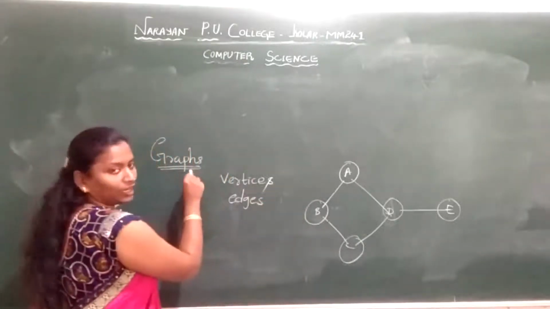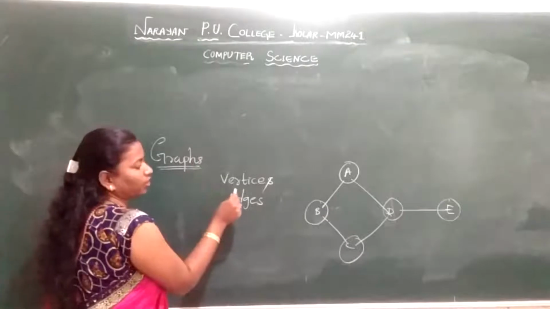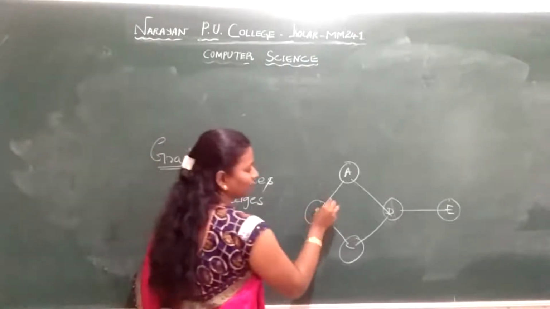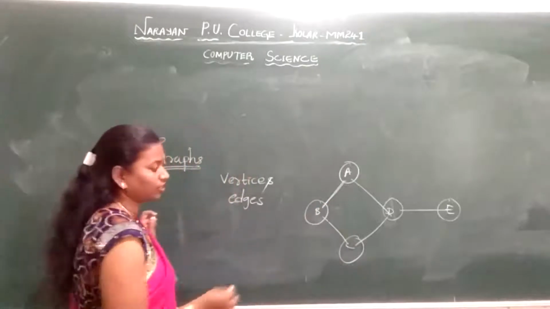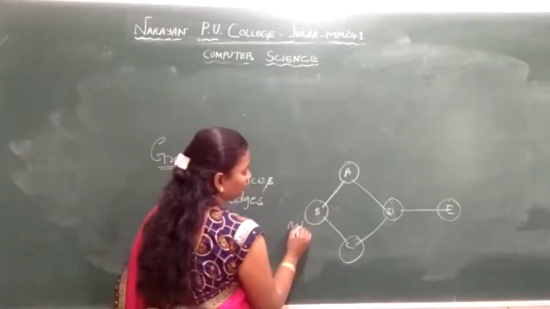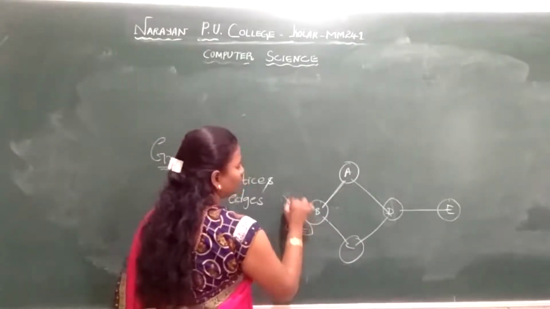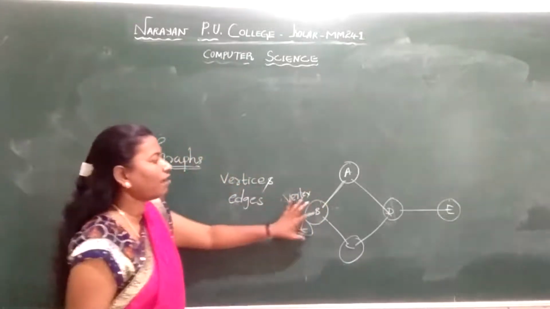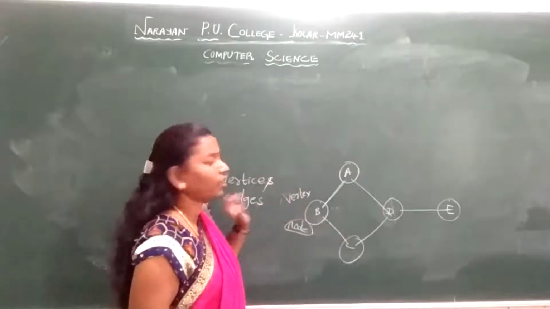So graph is a non-linear data structure which has the vertices and the edges which connect the vertices. Edges are nothing but this line or the arc which connect the vertices. So these are called as nodes. The node we call it as vertices in the graph. This is nothing but a vertex. So we have more than one vertex, we call it as vertices.